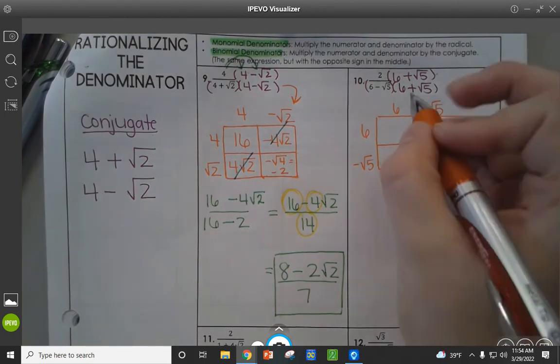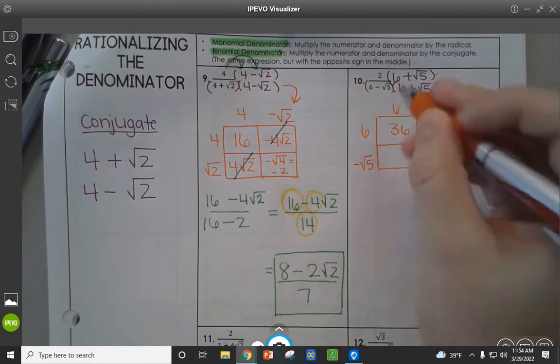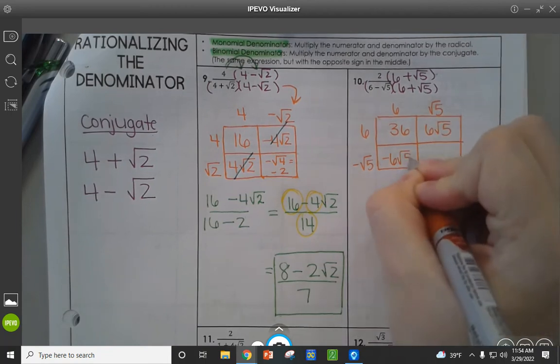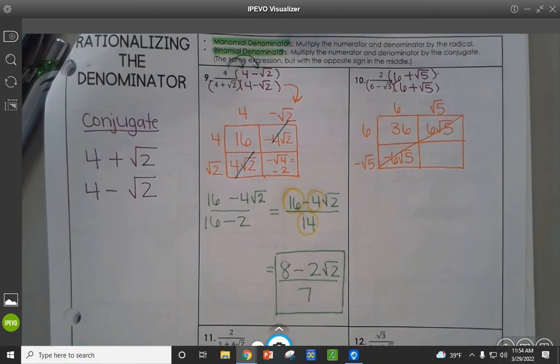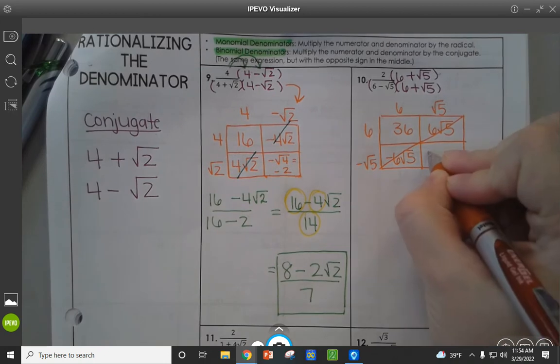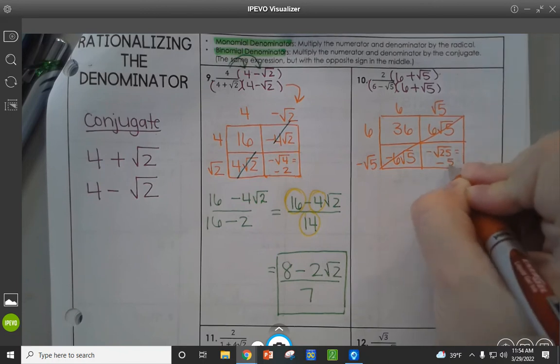Six times 6 is 36. We would get 6 square root of 5 and negative 6 square root of 5, which we know are already going to cancel out. And then what is in this bottom right box? Yeah, I'm going to go ahead and put negative square root of 25, which is negative 5.